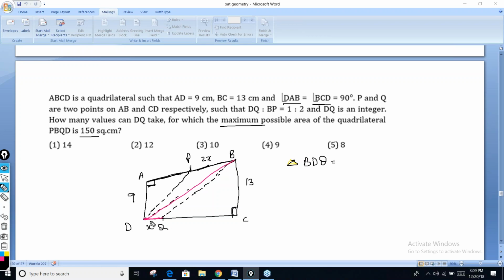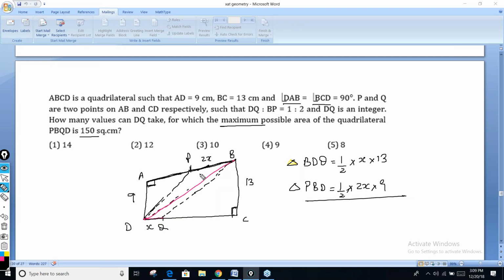It is half base into height. Height is 13. Similarly for this triangle, this is the base and this is the height. For any two parallel lines, you draw the base, you draw the height, it is the same for all the triangles. So this is the base and 9 is the height. What is the area of triangle PBD? That is half base into height, and height is 9.